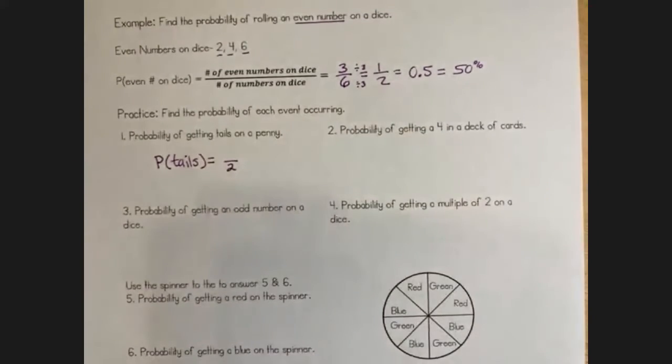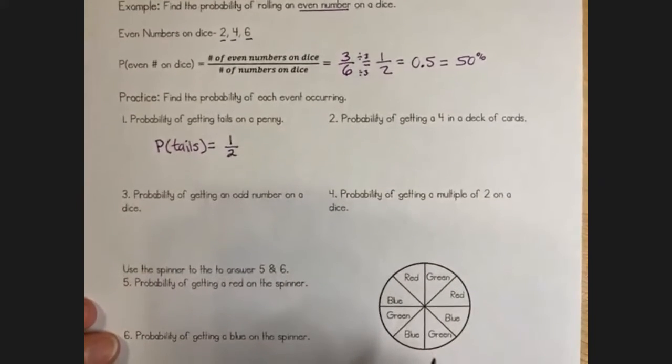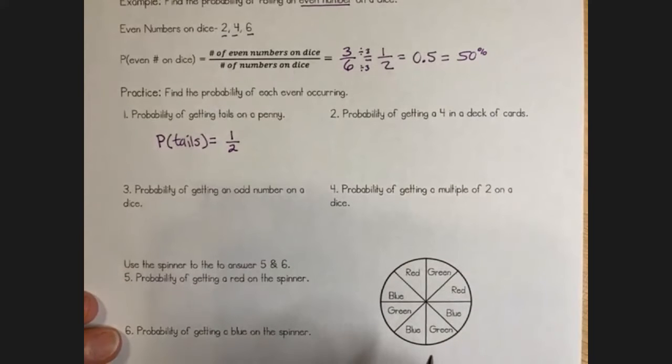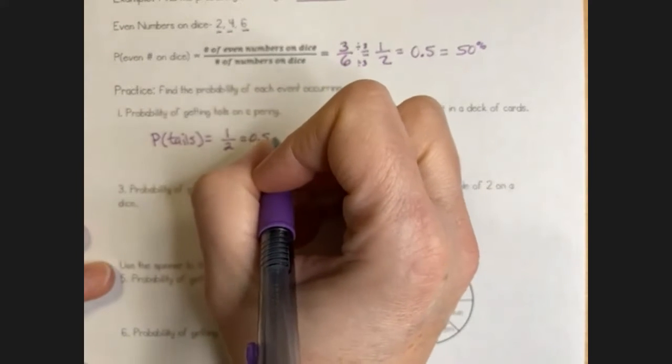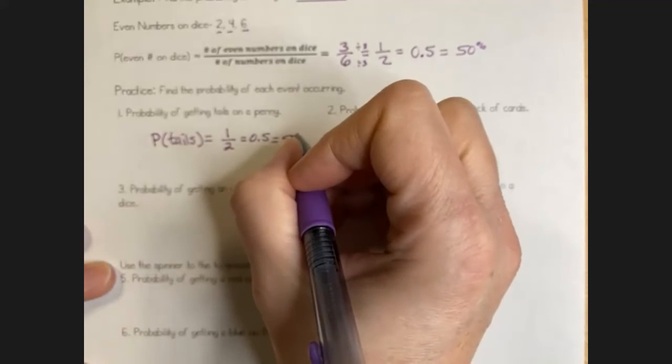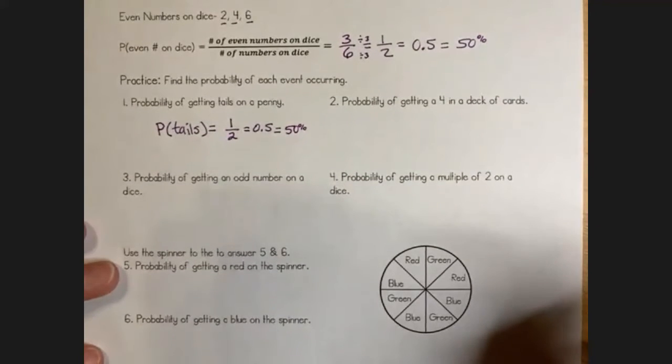Remember, the bottom is the total number of possibilities that I have. What I want to have happen is that tail, which is only one tail out of the 2 sides on the coin. So it's a 1/2. We're going to write it as a decimal, and we're going to also write it as a percentage. So remember, probability is written in 3 possible ways: fraction, decimal, or percent.